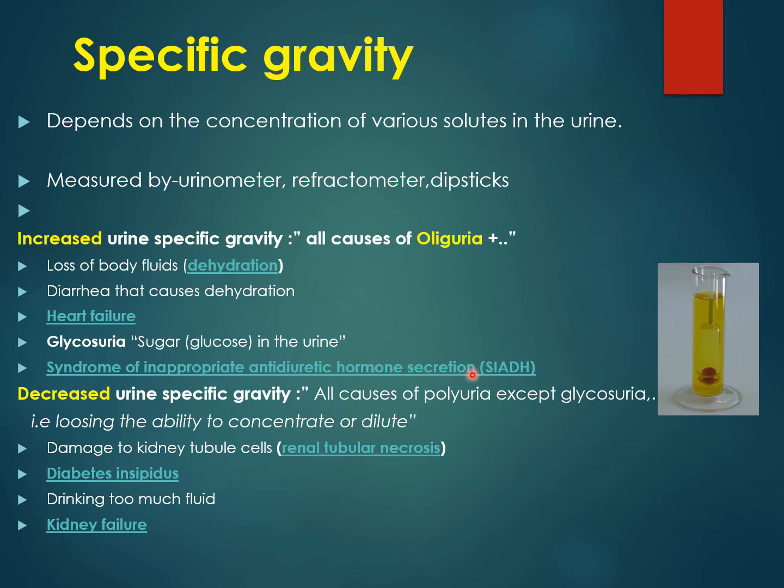It is very important to know that this could be a triggering sign to think what is going wrong in this patient. And specific gravity could be decreased, with all causes contrary to the increased specific gravity. There it is oliguria, here is polyuria, except in glycosuria. And the clinical conditions are ATN, acute tubular necrosis, diabetes insipidus, drinking a lot of water, or kidney failure, or a chronic renal insult.